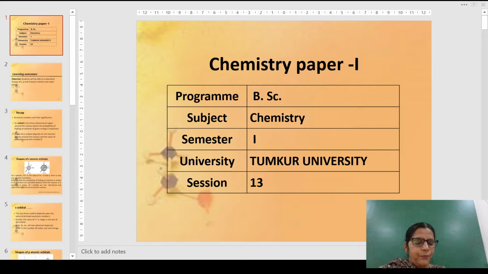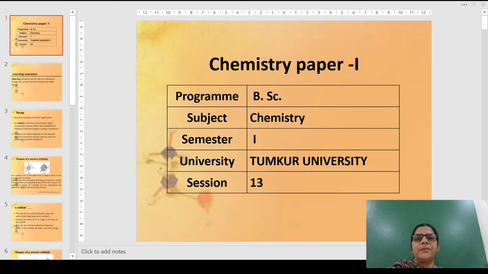As the energy level number increases, the size also goes on increasing. So greater the value of n, larger is the size of the orbital. So 1s, 2s, 3s, etc., they all have spherical shape but only differ in the number of nodes. 1s orbital does not have any node, 2s will have 1 node, 3s will have 2 nodes, etc. And the energy associated also will be different.